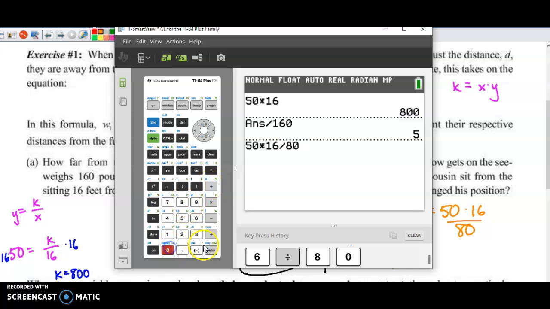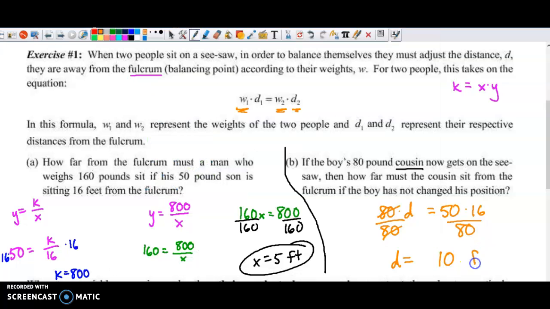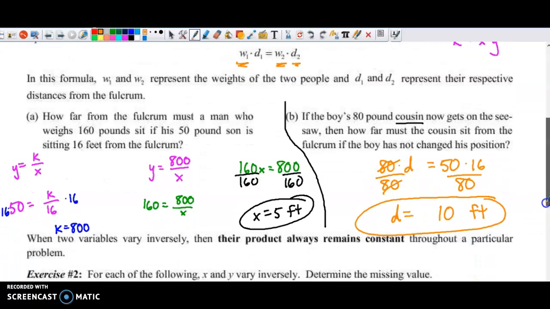I could probably figure it out. It's 10, and to give units would be feet. Quick way to do it would be 16 divided by 8 is 2, so it's 50 times 2 divided by 10. Anyway, you can use a calculator.